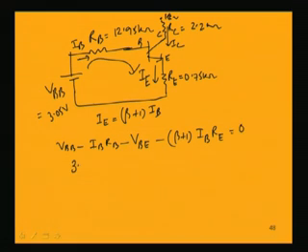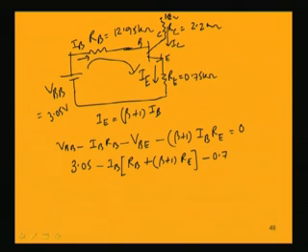Replacing the values, 3.05 minus IB, which we have to find out, taking common RB plus (beta plus 1) RE, minus 0.7, which is VBE. So, now what is IB?